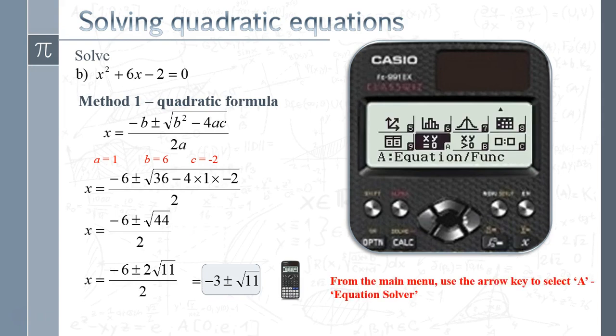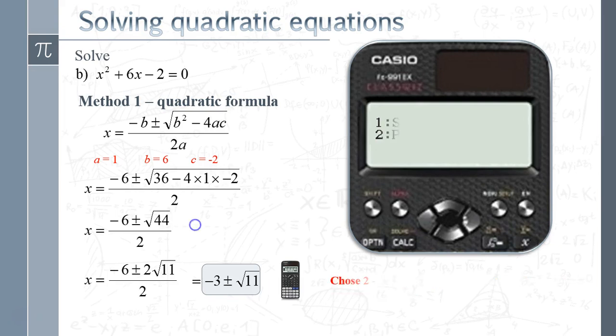So, first thing we need to do is pull up the equation solver menu. So from your main menu screen, which you get from pressing the menu or setup button, just scroll down through the first 9 numerical menus until you find menu A, which is the equation solver. And once you've highlighted that, press equals, and you get this screen appear.